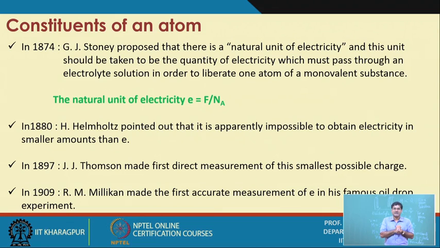So, what he is telling is that there must be some natural unit of electricity, some smallest value of electricity, and if you pass this unit amount of charge through the electrolyte, then one atom of a monovalent substance will be deposited or liberated.